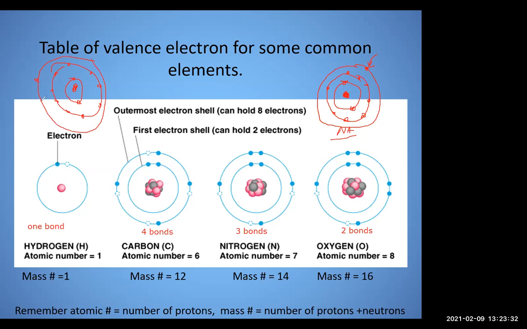So now you can see why they like to get together, right? It's got a space for 1 more electron, to be happy. And sodium really wants to get rid of this one electron.